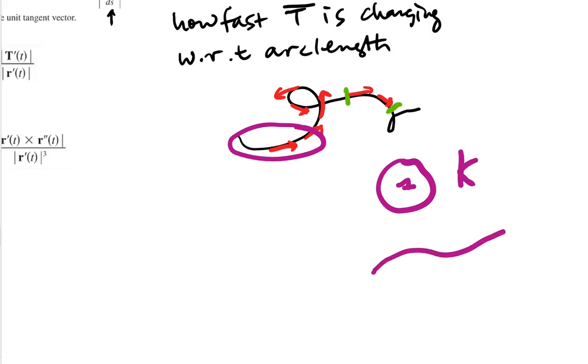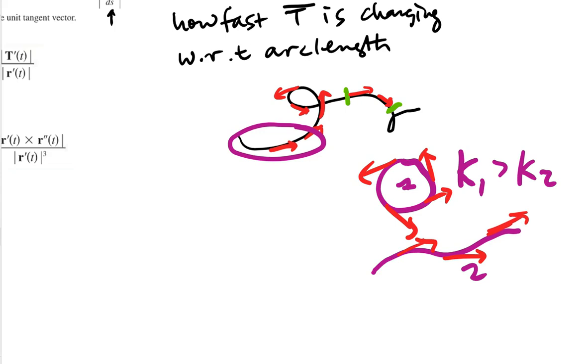Then something like this, let's call this number 2. So the curvature of 1 would be greater than the curvature of 2 because the tangent vectors are changing much quicker in 1 than they are in 2. In 2, they look very similar.